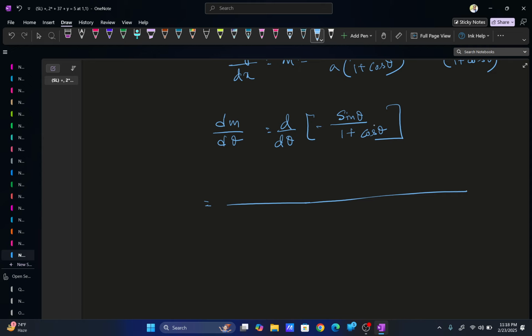From the concept of the quotient method of derivative, we solve the question. The denominator is (1 plus cos theta) squared.